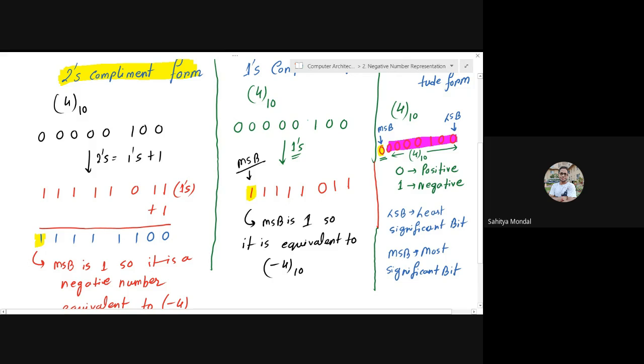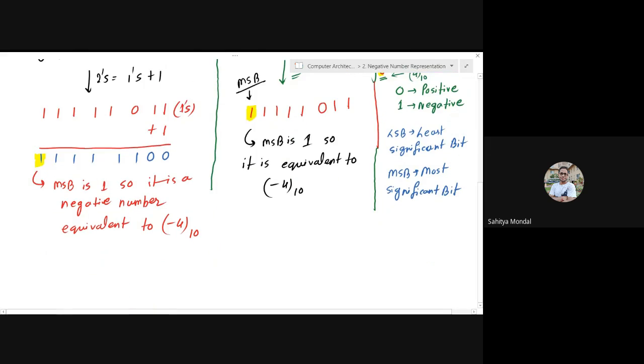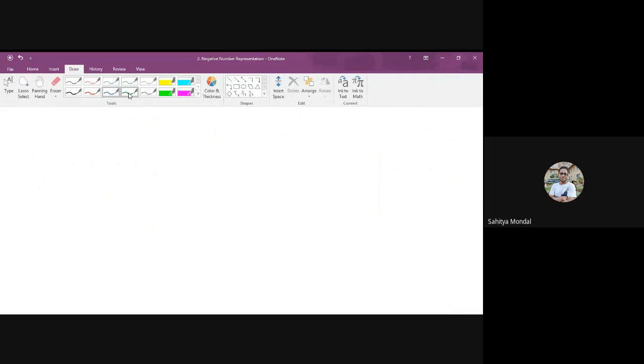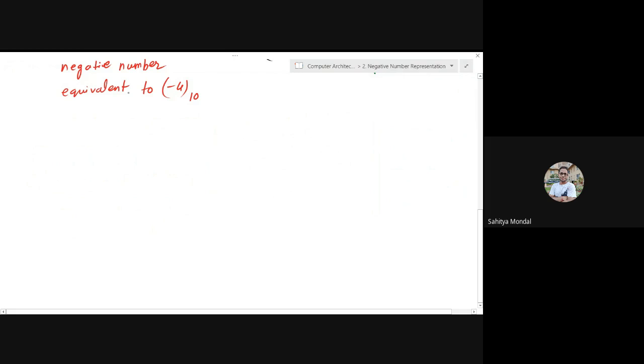Okay. So, we will do some test case with +0 and -0. Now I take 0 in decimal. I have converted it to binary in 8 bits.